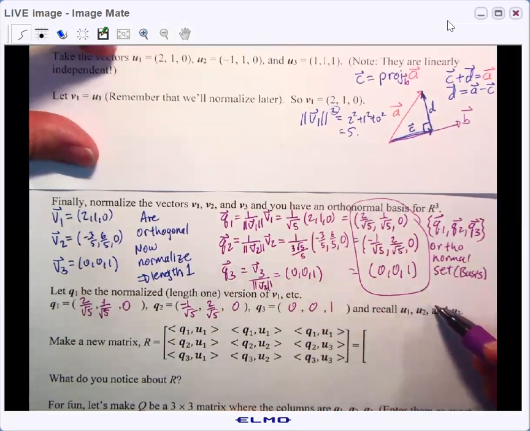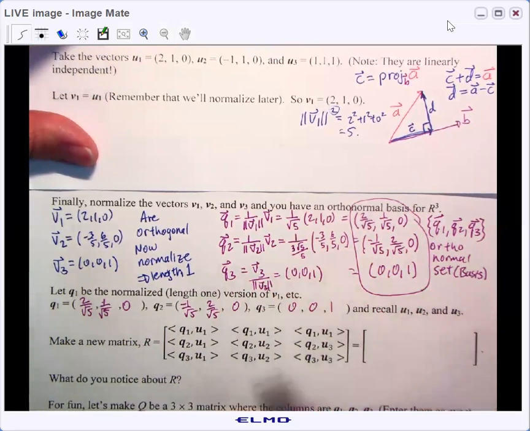What I want to do now is make a new matrix R that is composed of the elements where we inner product Q1 with U in the proper order here. So I remember it as Q comes before U in the alphabet, and U always follows Q when we have it in the English language. And notice the 1, 1, this is the 1, 1 position.